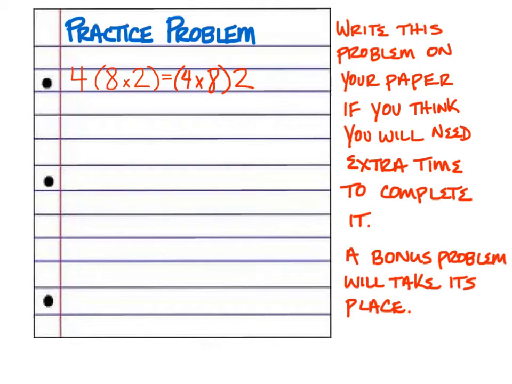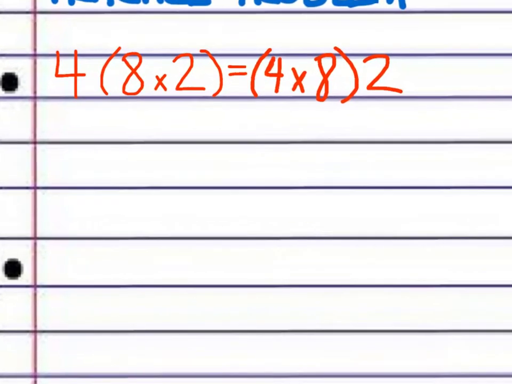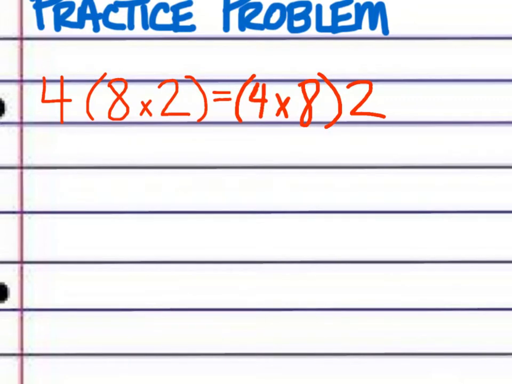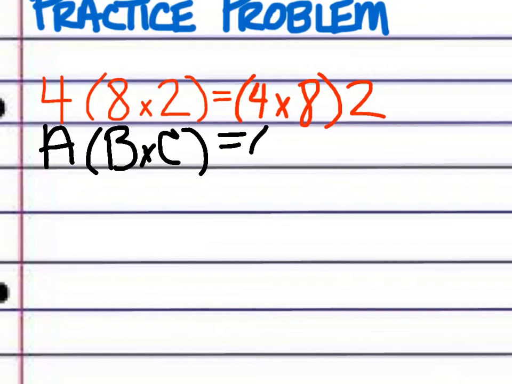Practice problem number 1. Okay, so for the practice problem, we have 4 times 8 times 2 is equal to 4 times 8 times 2. Okay, so we have A times B times C is equal to A times B times C. This is the associative property of multiplication.